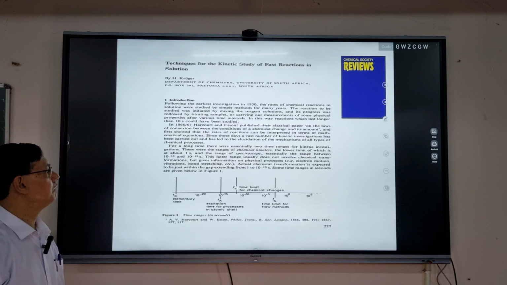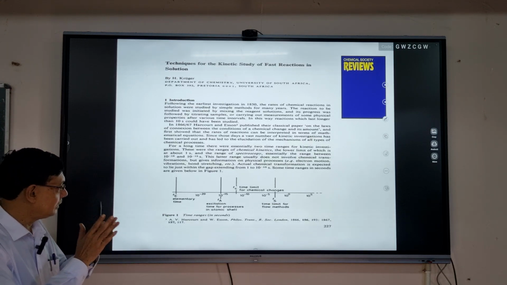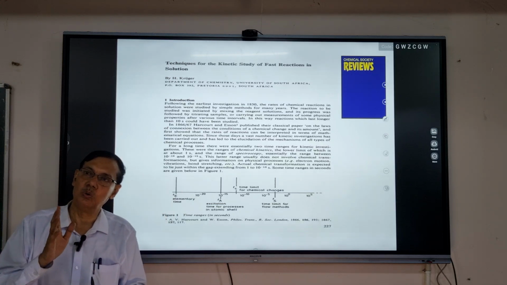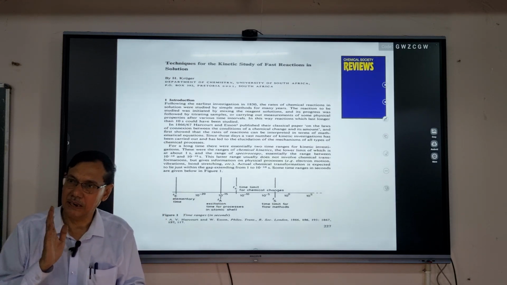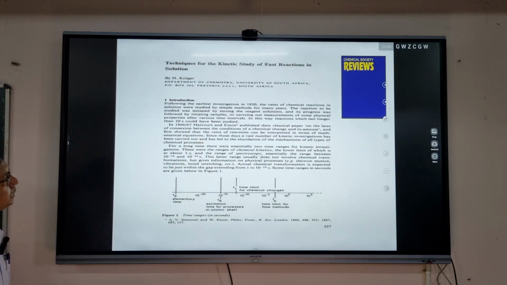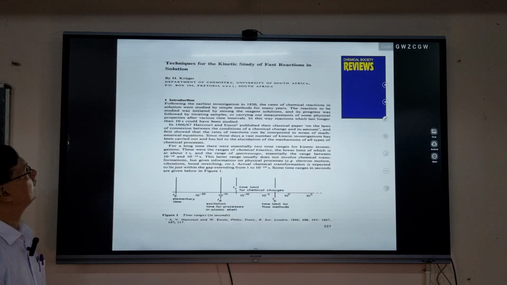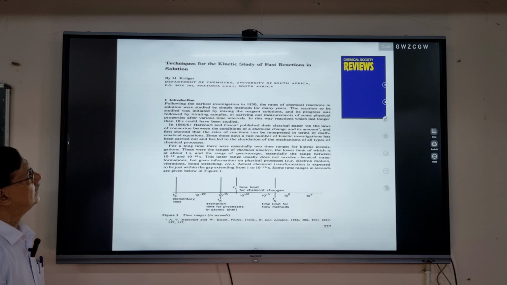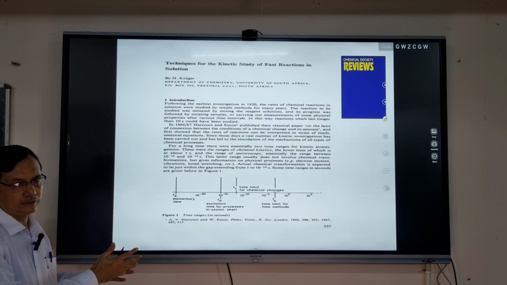The language is also very simple. When I talk about fast reactions, you must know why they are called fast reactions. If you go through a very simple article written by a great scientist, Kruger, in Chemical Society Reviews, a very old paper, you will find the actual difference between slow reactions and fast reactions.